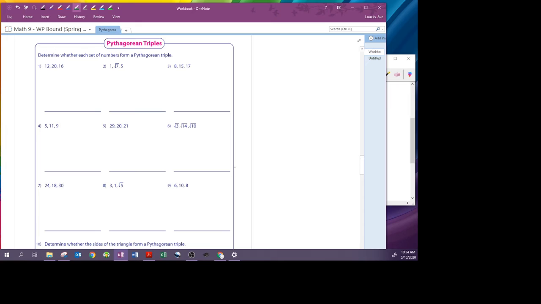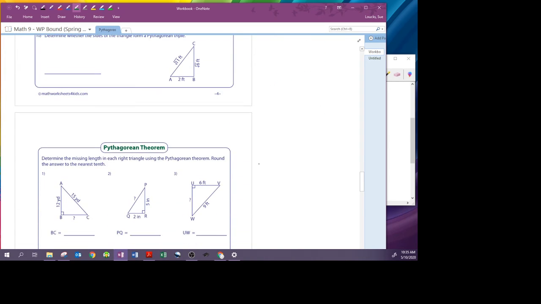Just to tell you that in question 2, if you square the square root of 7, that equals 7. And if you take the square root of 10 and you square that, that equals 10. All right?